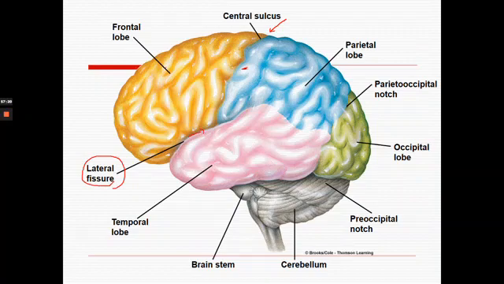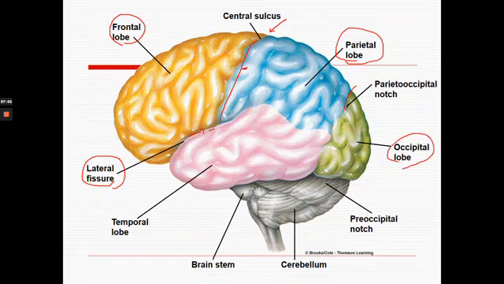It divides the cerebral cortex into 4 lobes: the frontal lobe, anterior to the central sulcus here, and the parietal lobe posterior to the central sulcus, and we have the parieto-occipital notch here that also separates the parietal lobe from the occipital lobe, and inferior to the lateral sulcus or lateral fissure we have the temporal lobe. We have 4 lobes.